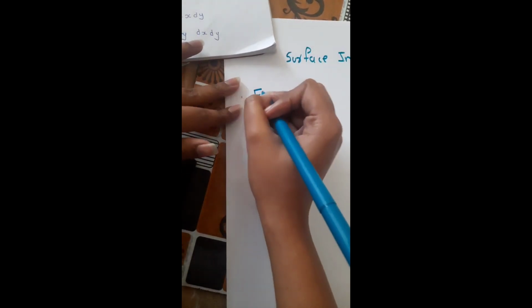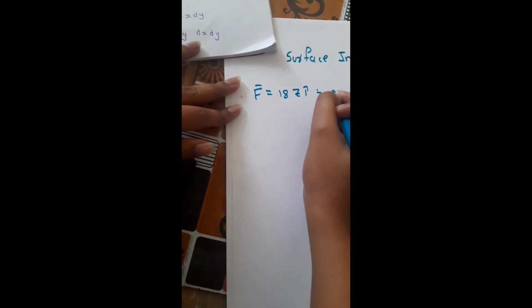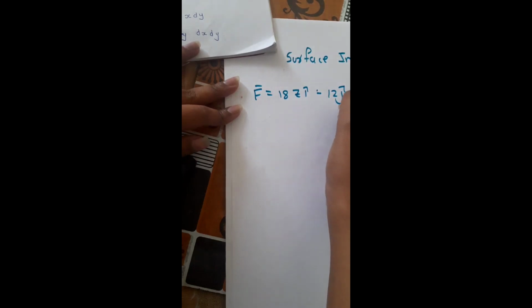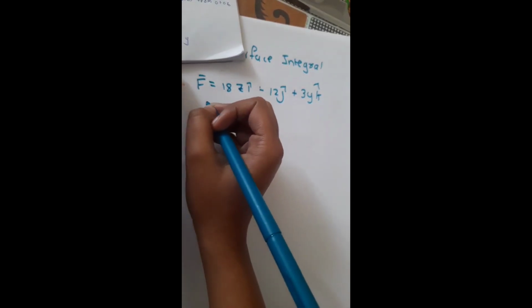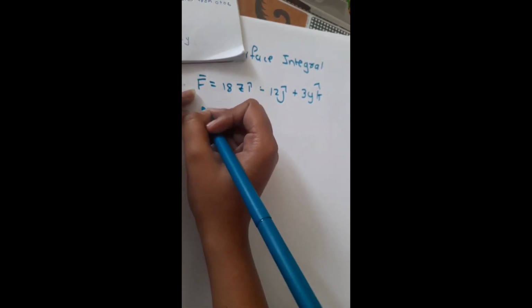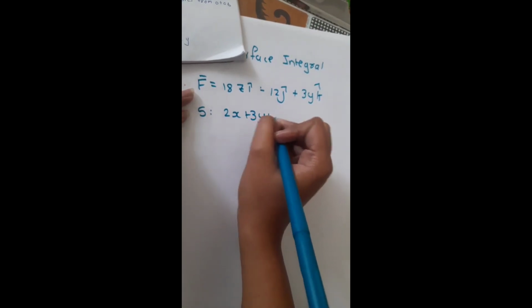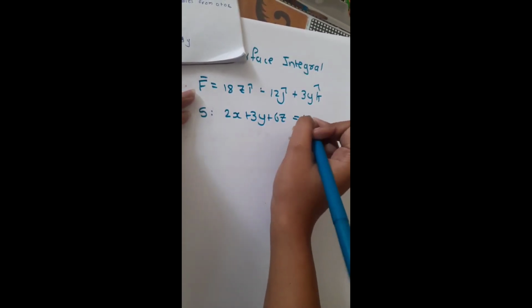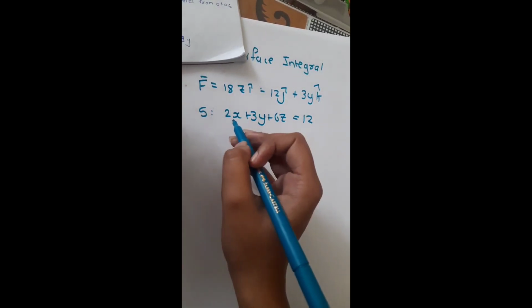In the question it is given that F is equal to 18z i cap minus 12 j cap plus 3y k cap. I hope it's visible. And S is the part of the surface of the plane 2x plus 3y plus 6z equal to 12, located in the first octant.